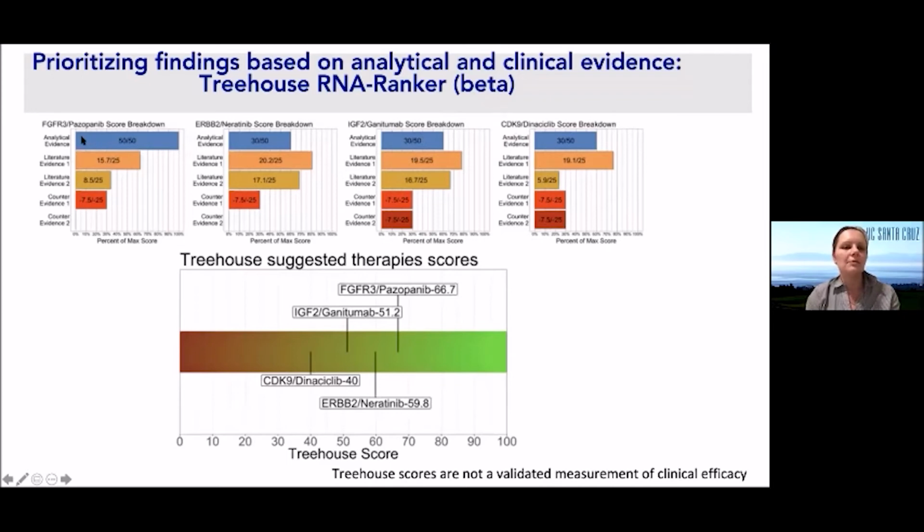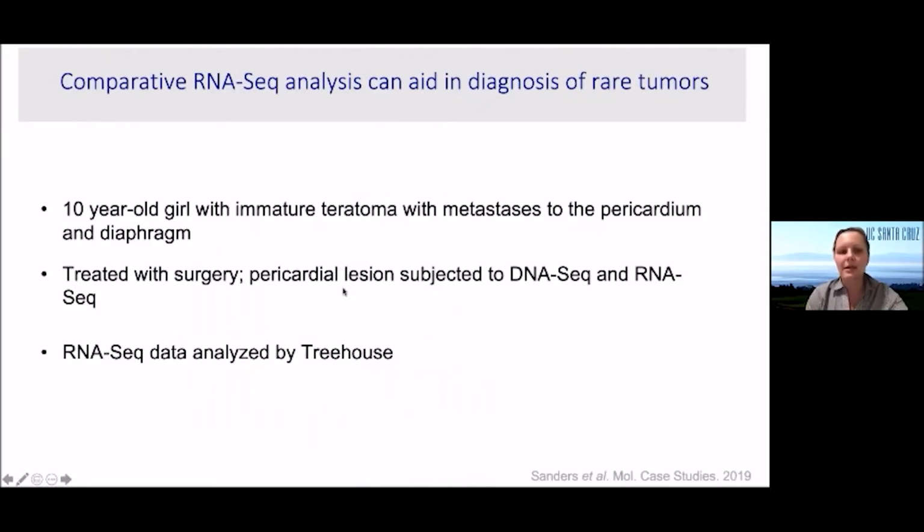And then we can use analytical evidence, so that's the strength of overexpression, whether something is an outlier, whether there's pathway support, but also literature evidence in terms of has overexpression of FGFR3, for example, been reported to be a biomarker of pazopanib, and what's the evidence for that? And then we score these literature evidence, and then counter evidence. Has overexpression of FGFR3 been reported to be a marker of resistance to pazopanib, for example? And so that's something we can discuss with the clinical team.